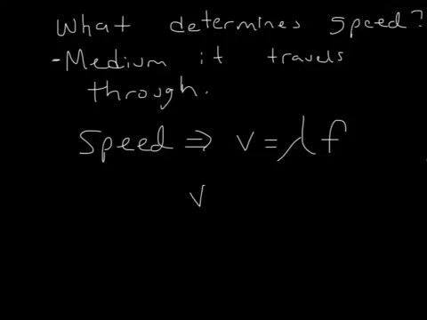So again, the speed of the wave is the lambda times the frequency. The wavelength is going to be in meters. And then of course the frequency is in hertz. But that's also 1 over second, leading to that familiar unit, meters per second, for velocity.